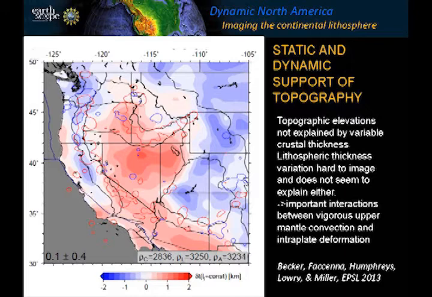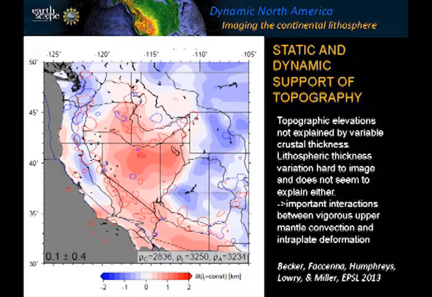And this map, from a Becker et al. paper, shows that once you account for isostatic variation, once we know crustal thickness and we think we have crustal density variations mapped out, and even if we try to figure out where the base of the lithosphere is, we still can't account for as much as 1.5 to 2 kilometers of excessively high topography in western North America, and that probably is explained by added buoyancy from asthenospheric flow.